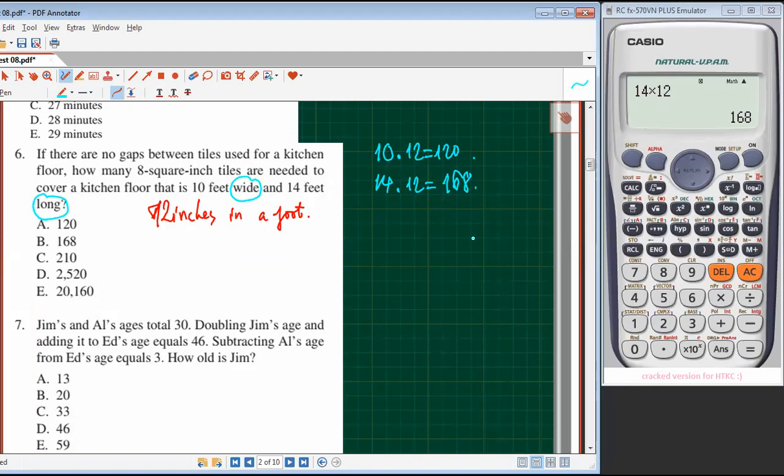Then the next step, we will calculate the area of the kitchen floor. The area of the kitchen floor is 120 times 168, which is 20,160.